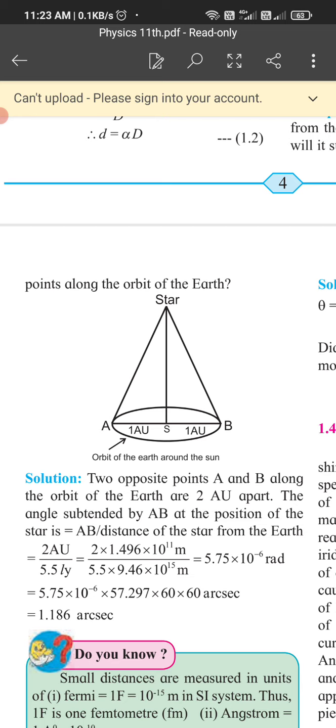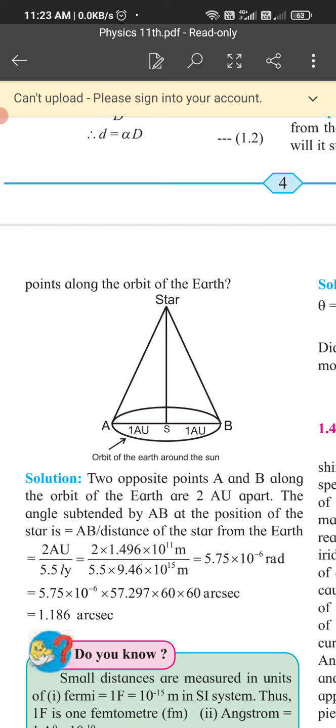So the parallax is AB upon the distance of the star from the Earth, that is 2 into 1.496 into 10 raised to 11 meter upon 5.5 Ly, where Ly means light year, that is 5.5 into 9.46 into 10 raised to 15 meter.